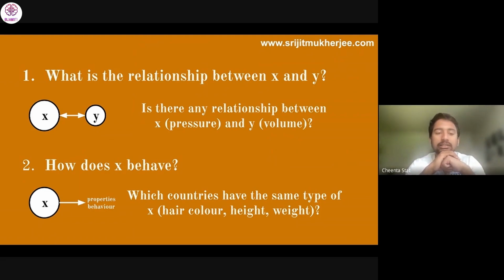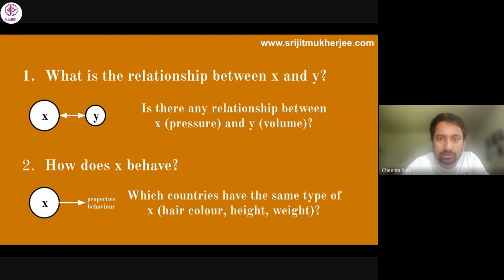You can ask which countries have the same type of, let's say X, let's say hair color, height, and weight together. For example, you can see that hair color, height, and weight together will be similar in the Asian countries. Or probably North America and Australia have the same kind of features.